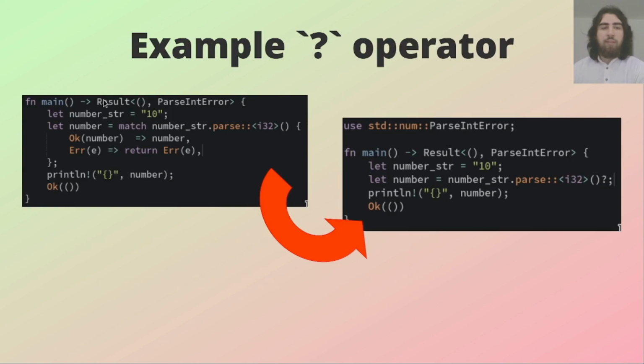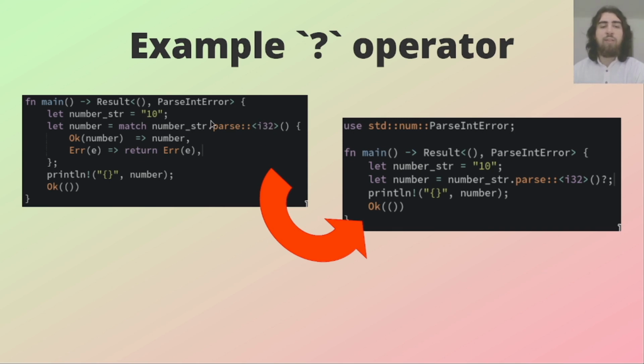So as you can see over here in the main function, we can define here that main should return a result type. And as you can see, we have here a string holding a number. Then we try to parse this string over here into an I32 type.